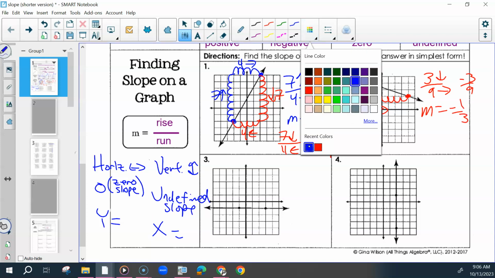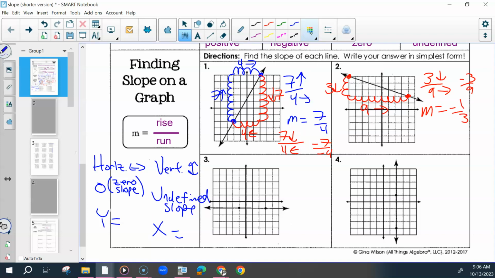That means every time I go down 1 and to the right 3, there should be another point. So let's check that. From the original, down 1, right 3, there's another point. Down 1, right 3, there's another point. If I could keep going off the graph, it would keep doing that all the way to negative and positive infinity. Right?